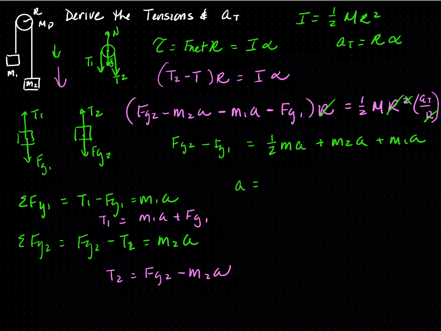So a is going to equal m2 minus m1, because weight is mass times gravity, pull out a g, divided by 1/2 of m, that is my pulley, plus m2 plus m1. This is my tangential acceleration.